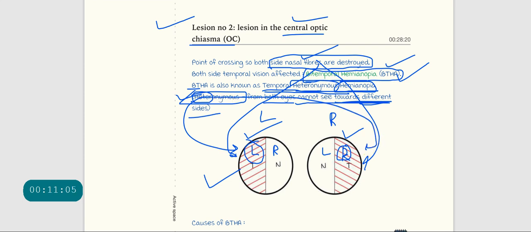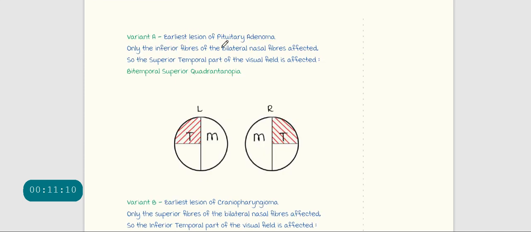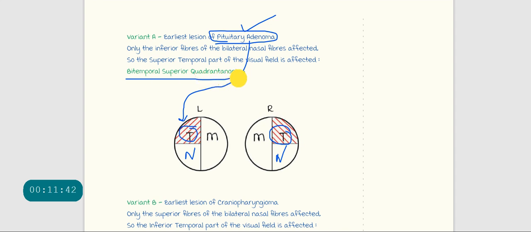It could be due to a pituitary adenoma, and in pituitary adenoma you will see only the superior temporal part of the vision being affected, not the inferior one. The inferior one is normal. This condition is called bitemporal superior quadrantopia.